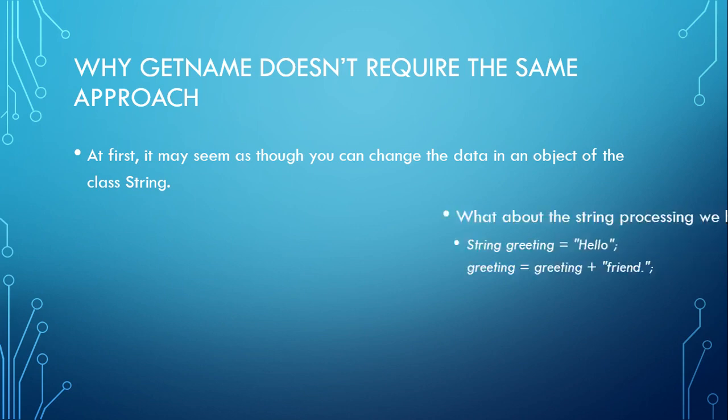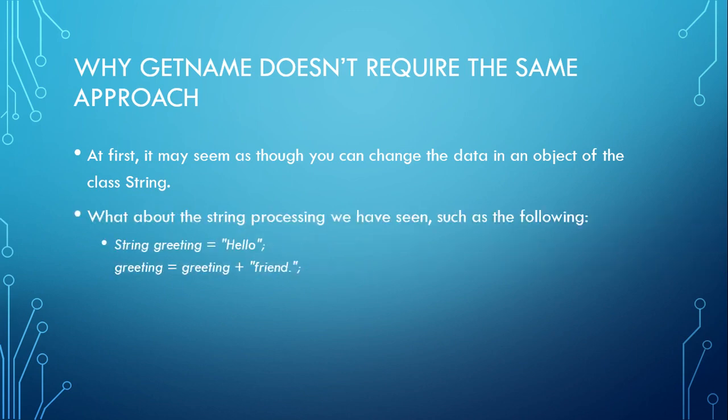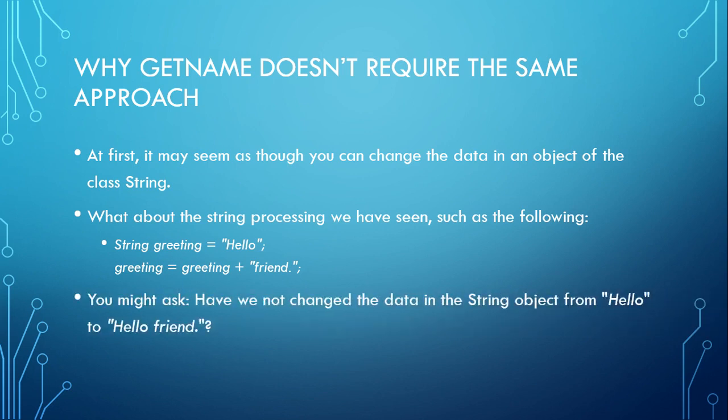It may seem as though you can change the data in an object of class String, but think about the string processing that we've seen, such as the following example: String greeting = "Hello"; greeting = greeting + " friend". You might be saying this is an example of changing the value of greeting. Have we not changed the data from Hello to Hello friend?